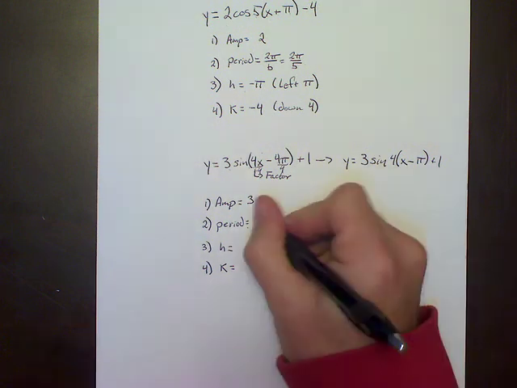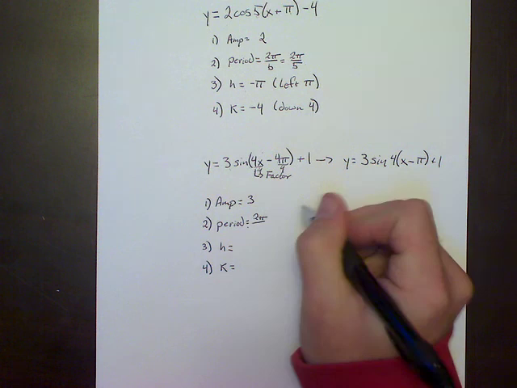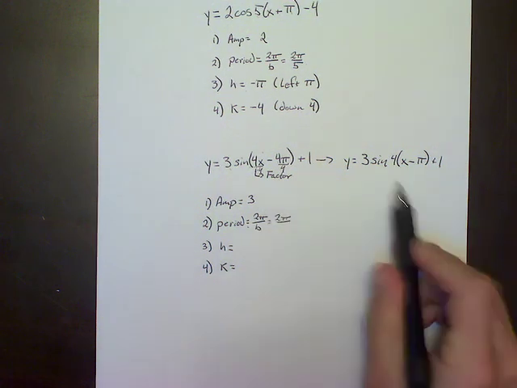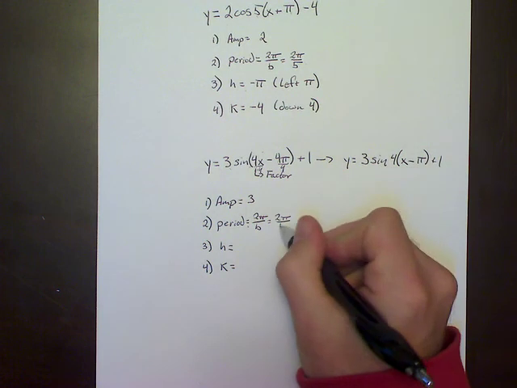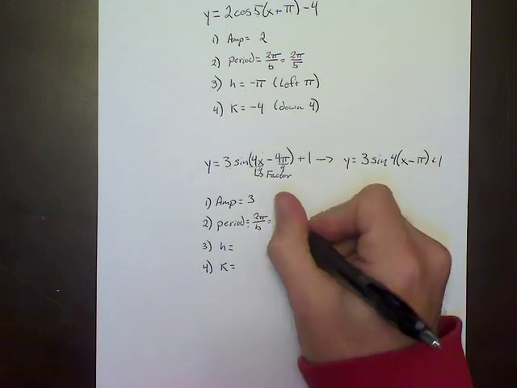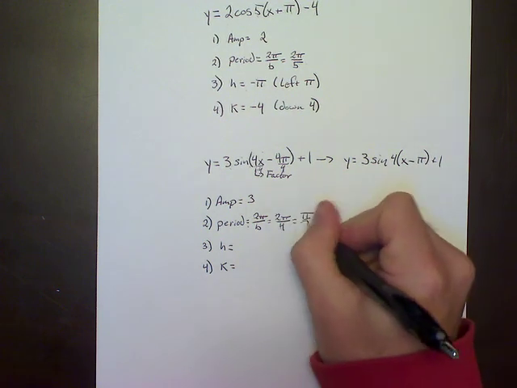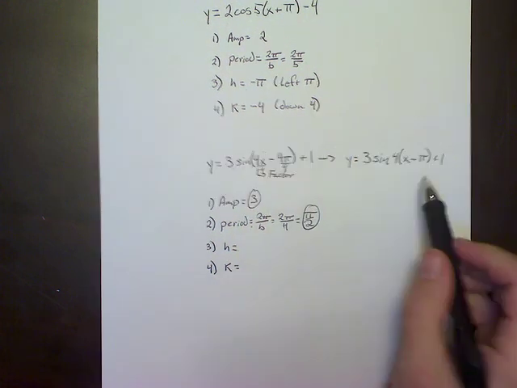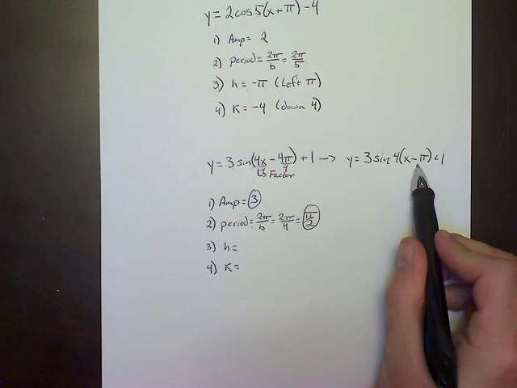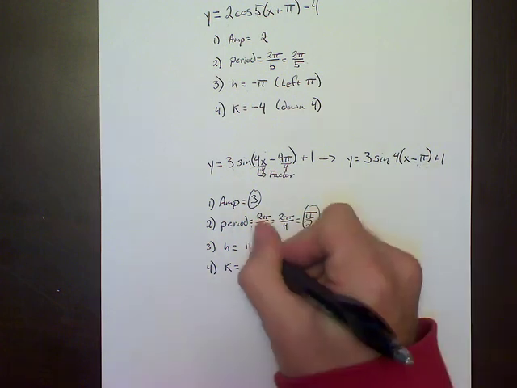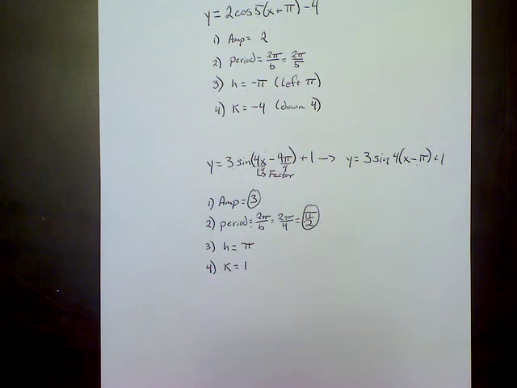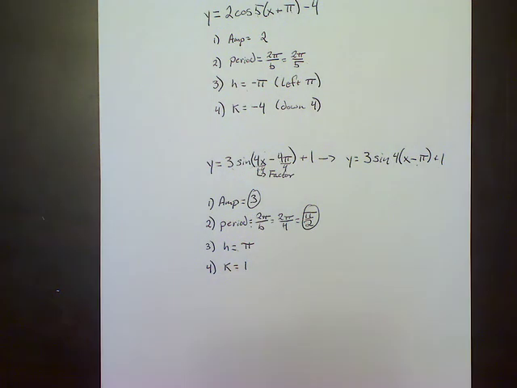So our period is 2 pi over b, which in this case b is 4. So we reduce that and we get pi over 2. Then our h is inside here, so that's minus pi, so we take the opposite, so that would be pi, plus 1 for k. And we've got our 4 crucial parts to our graph.